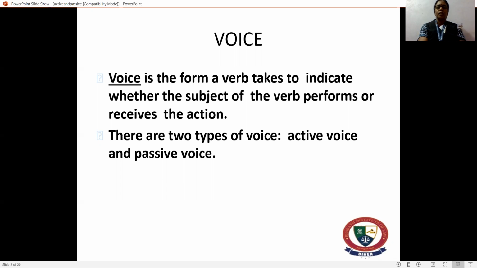So based on the subject, whether it is performing or receiving, we can tell the sentence belongs to one form or the other form. So this is the basic explanation for voice. And as I have already explained, the two types of voice, they are active voice and passive voice.